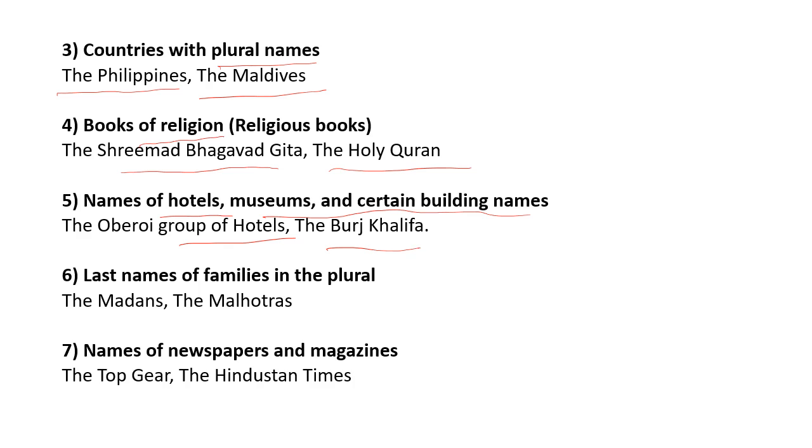We use the before the last names of families in the plural group, meaning when we are putting a surname to indicate the whole family, like the Madans, the Malhotras, the Guptas. Then seventh, the names of newspapers and magazines.